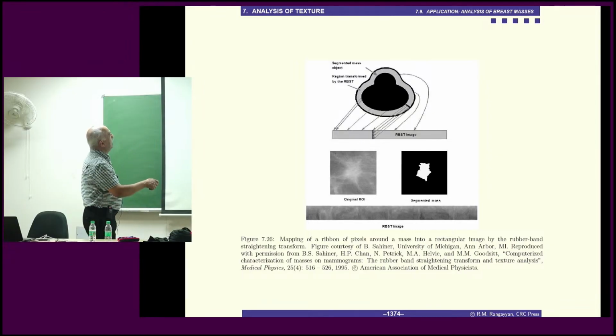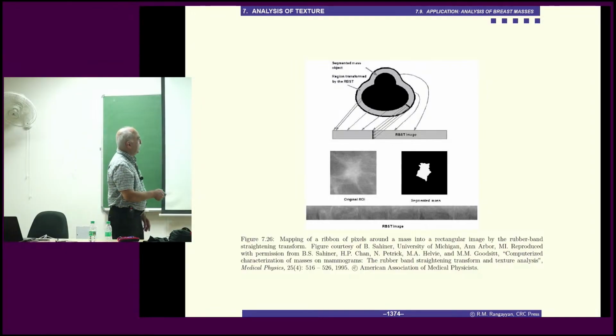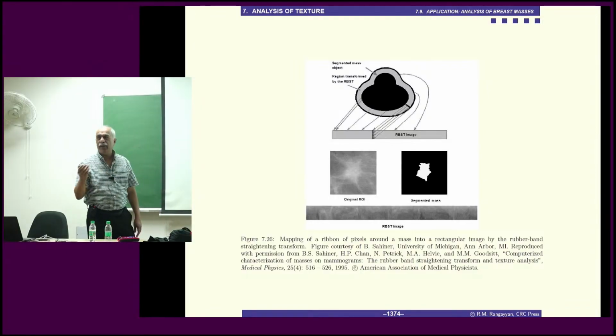In any case, the ribbon of some arbitrary shape is converted to a rectangular image, so computing the gray level co-occurrence matrix becomes easier, computationally simpler. But these are not the original pixel values, they are interpolated somehow.